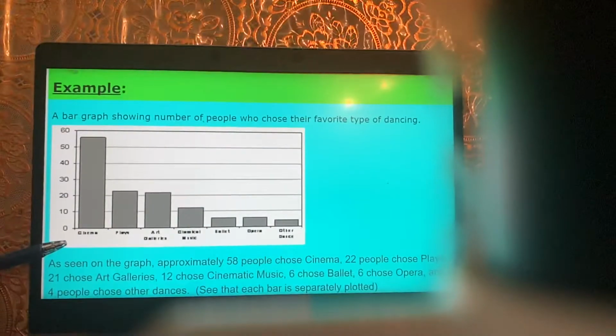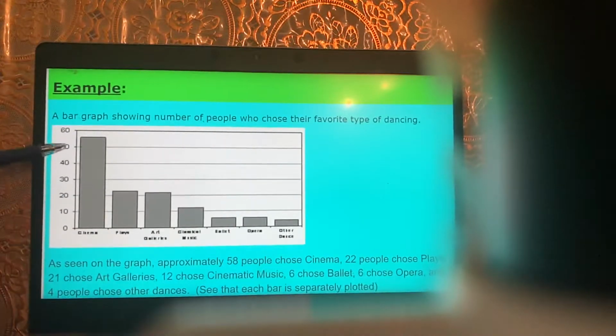For instance, here is a bar graph that shows the number of people who chose their favorite type of entertainment. Say about 58 people chose cinema, about 22 people chose plays, and about 21 chose art galleries, and so on.